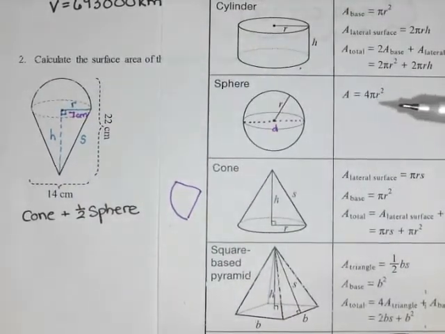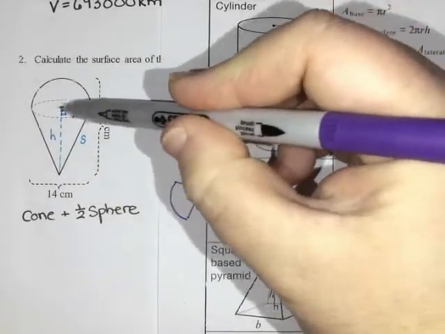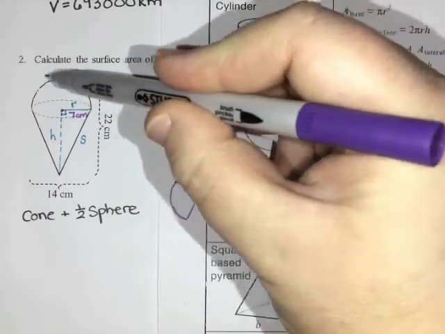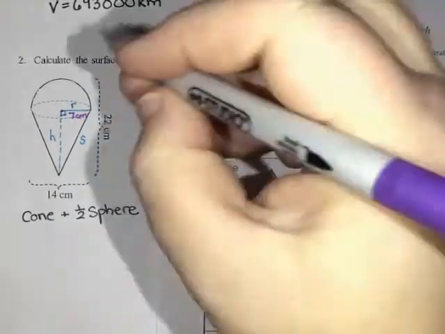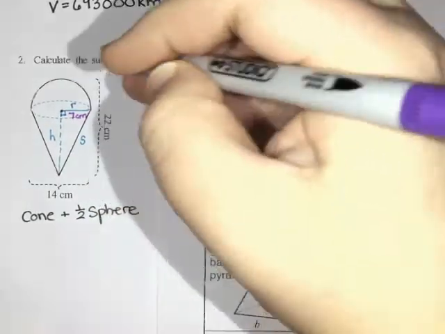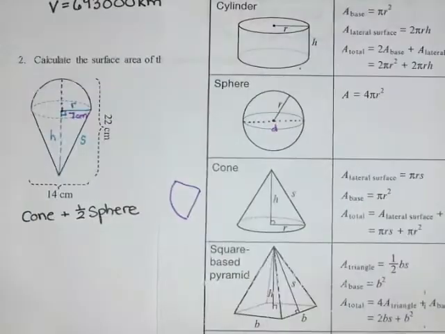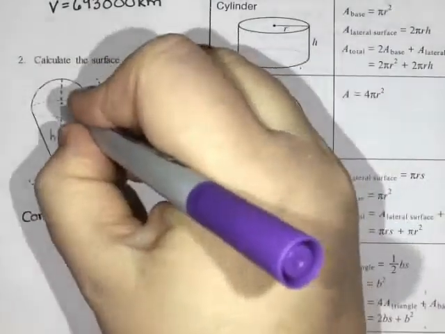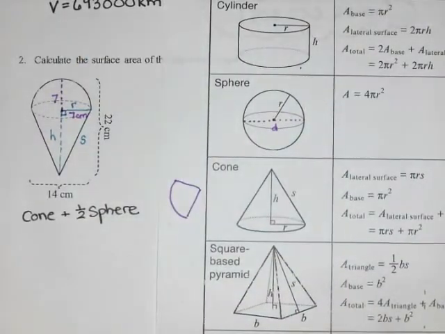Now, the thing about a sphere, or a circle, is that the distance that's the radius from the center to the edge can be measured at any place on your circle or your sphere. So here, the distance from the center to the edge, I drew it there, but I could also have drawn from the center to the edge going straight up and down, which means this part here is also 7 centimeters.